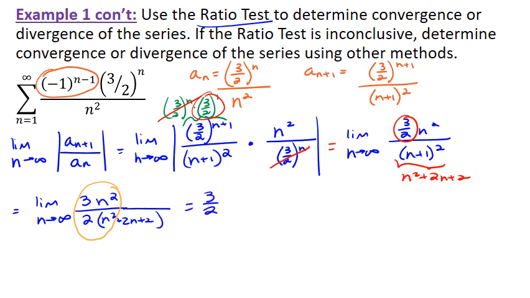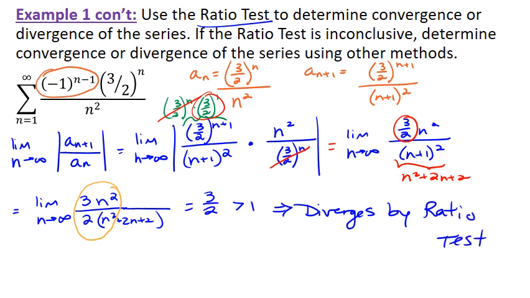Okay, so looking at the ratio test, that theorem, if this absolute value is equal to something greater than 1, then by the second part of the ratio test, we can say that our series diverges by the ratio test. Okay, not so bad. So that is the ratio test.